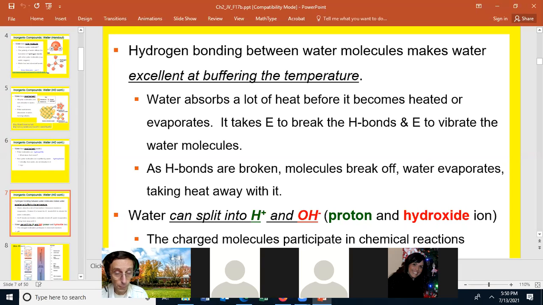So when water molecules break off, it's also the water molecules that have the most energy that leave, causing the water to evaporate. And that takes away the majority of the heat, because the water molecules with the most energy are the ones leaving the water.